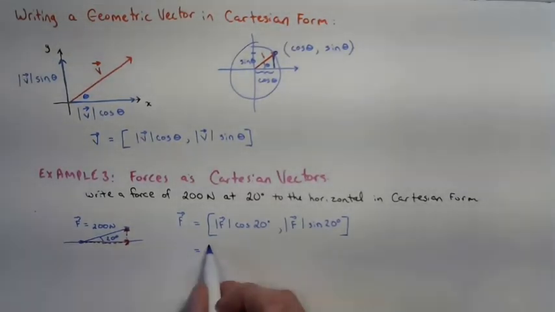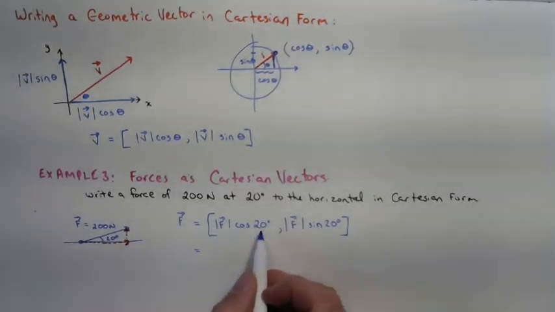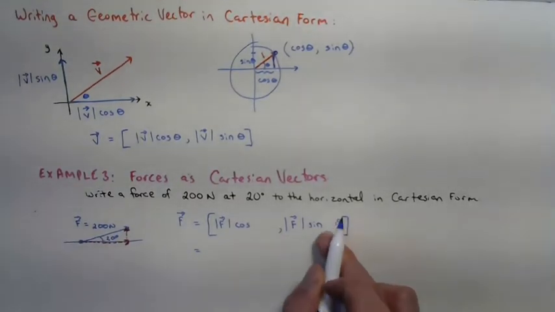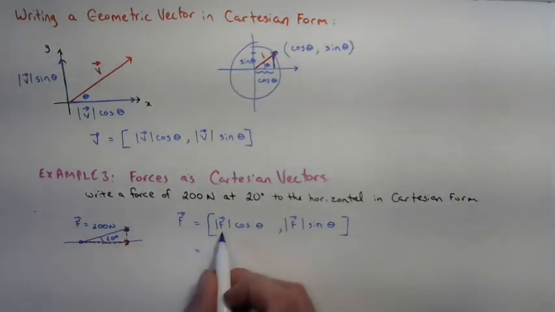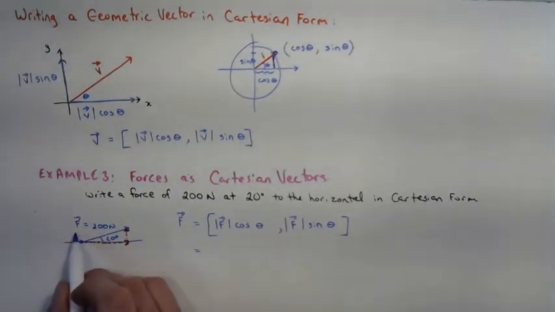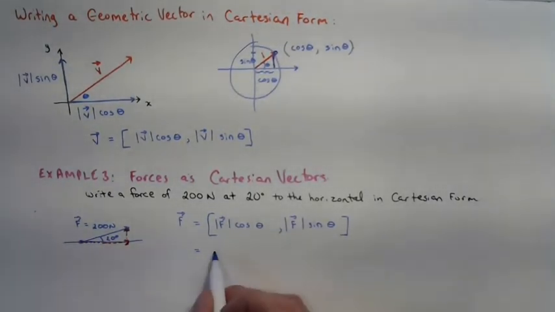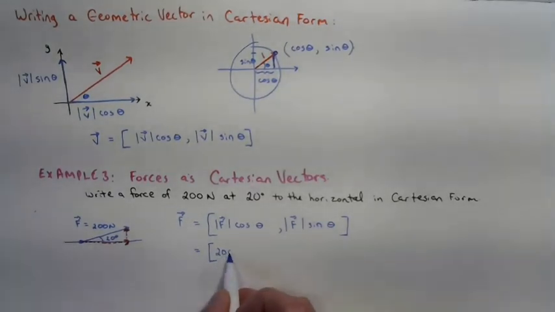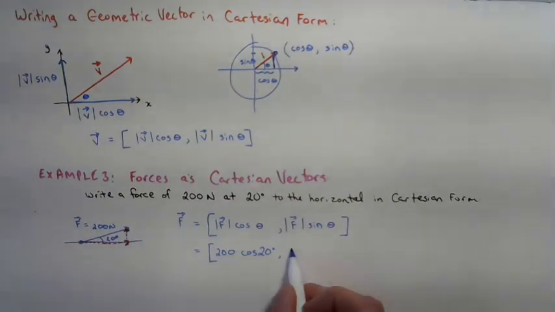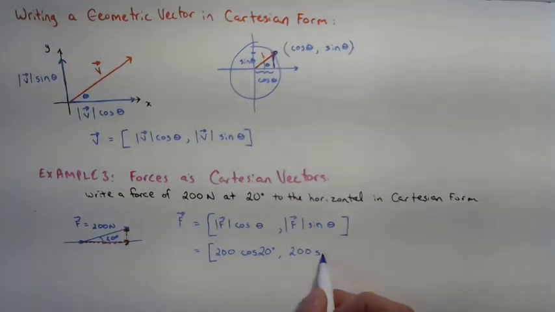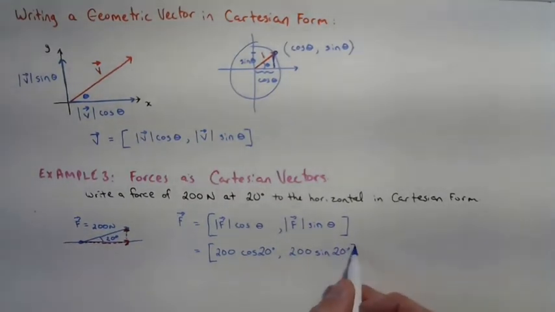If I'm doing the general term first, I could write theta there and theta there. Now I know that the magnitude of vector F is 200. So I'm looking at 200 times the cos of 20 degrees, and my y coordinate is going to be 200 times the sine of 20 degrees.